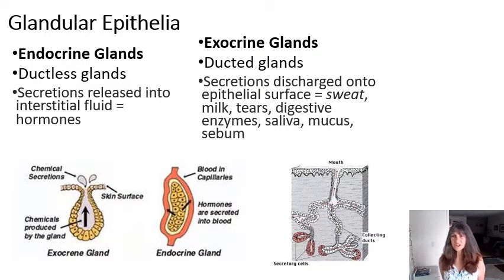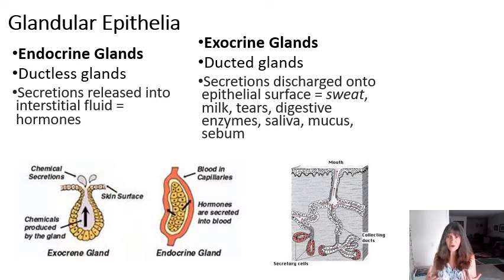We know that glandular epithelia is involved in glands, and there are two types of glands that are categorized based on whether or not they secrete their product externally onto a surface or even on a surface internally in the body, such as the digestive tract or the respiratory tract. And then we've got glands that will secrete their products around the fluid surrounding the cells, which we refer to as endocrine glands.